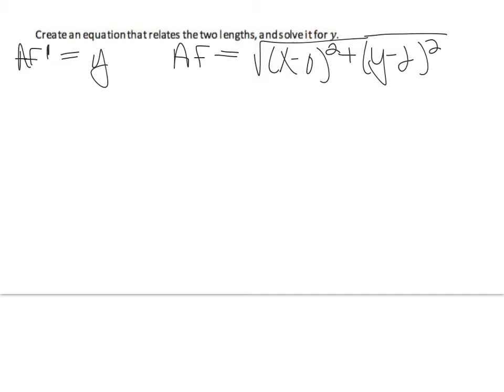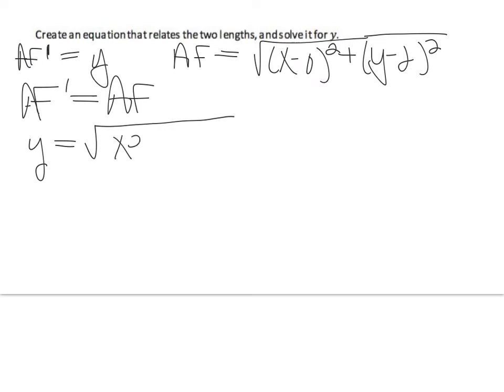Since those segments are equal in our drawing, and we've said they're equal, we can set them equal to each other. So we know that AF prime equals AF. Let's go ahead and set them equal and come up with an equation. So y equals the square root of x squared plus (y minus 2) squared. I can square both sides and get rid of that radical.